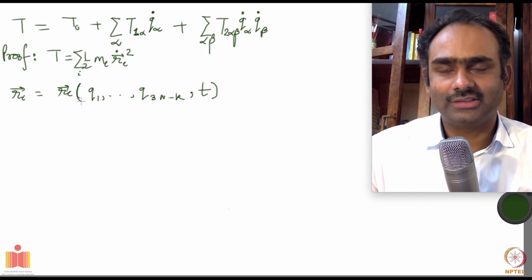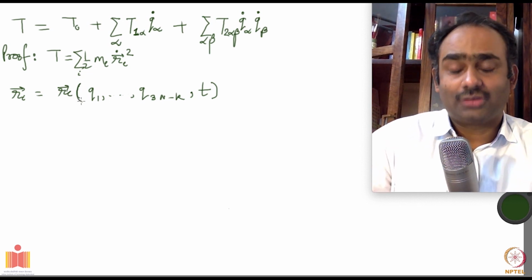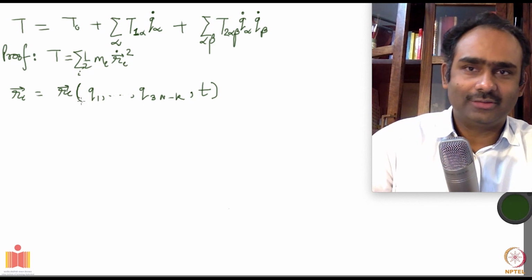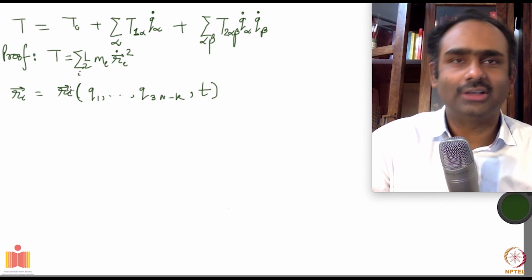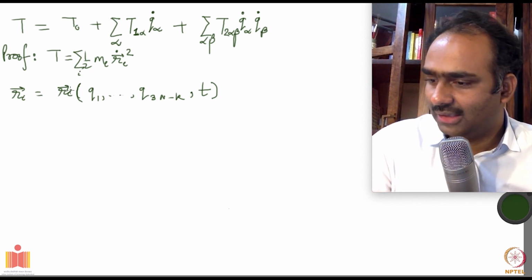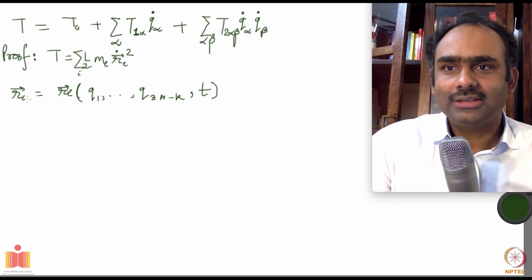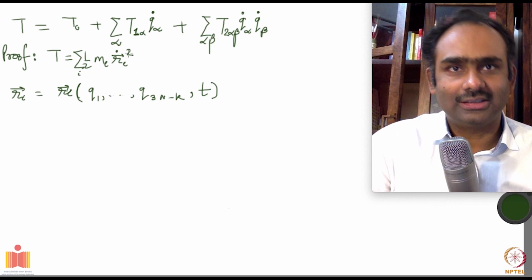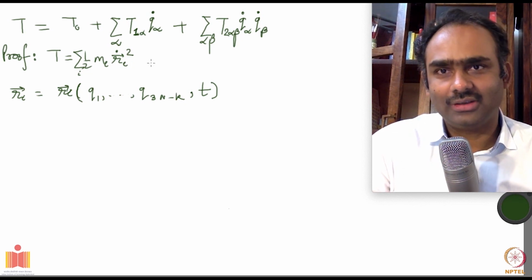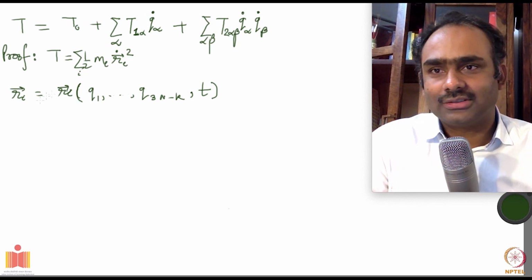Your constraints on the system may be changing with time, so your transformation from r to the generalized coordinates would involve time as well. All I have to do is take the time derivative to get r dot, take r dot squared and put it in here. That's all I have to do, which is not difficult.